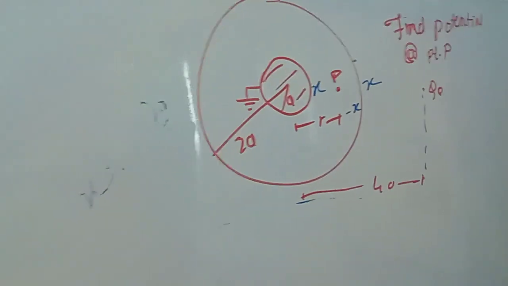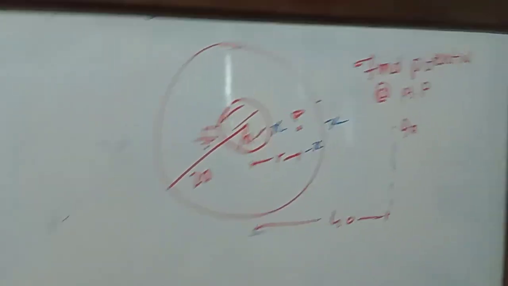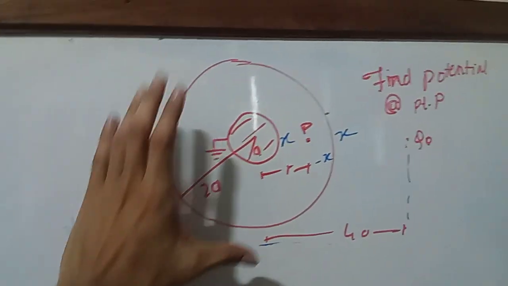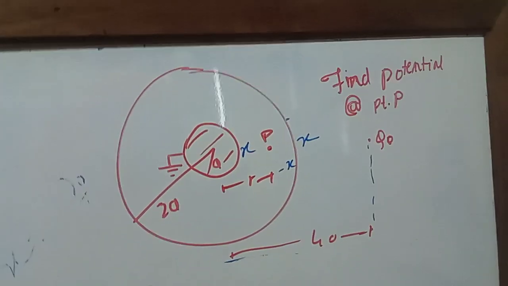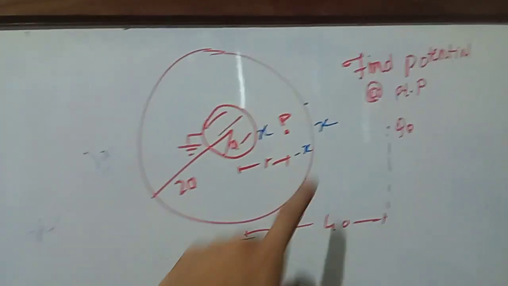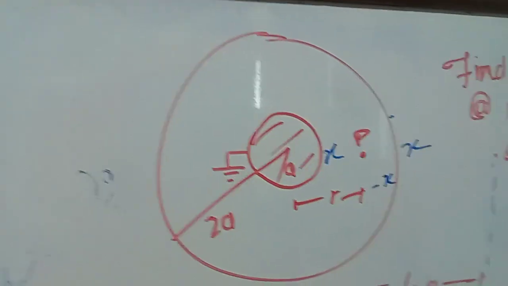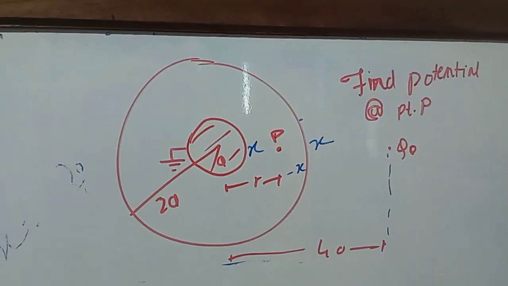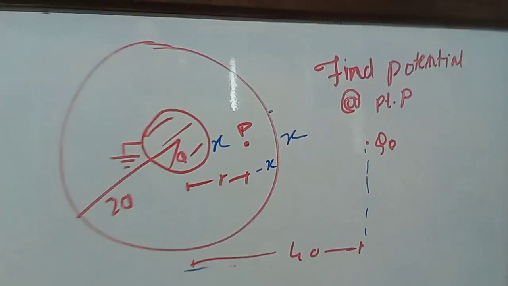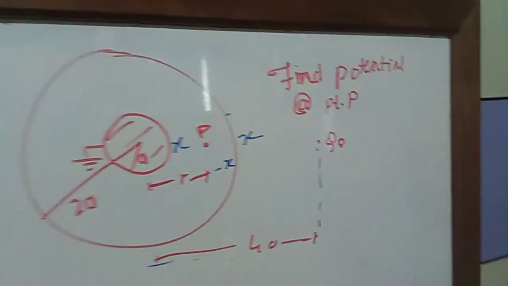What to think of first? You can see the potential due to this and the charge shell is going to be 0, and only due to this and the system is going to be something else. So here also we can do it with superposition, meaning we can draw two systems.